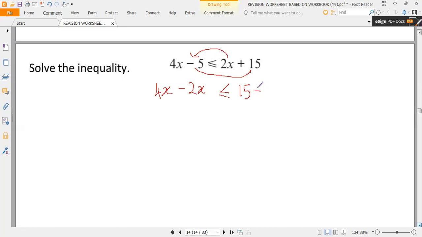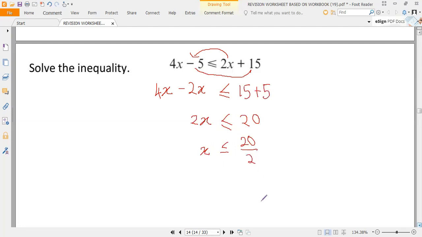It turns to be a positive 5. 4x minus 2x, so 2x, symbol. 15 plus 5 is 20. So 2x is less than or equal to 20. So x is less than or equal to 20 divided by 2. x is less than or equal to 10. So these are direct questions, direct numbers. You don't have to change the symbol.